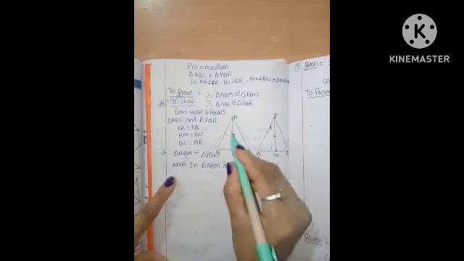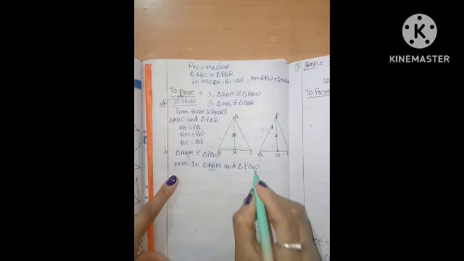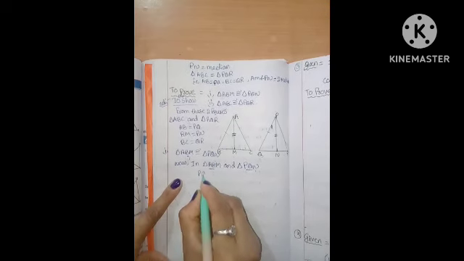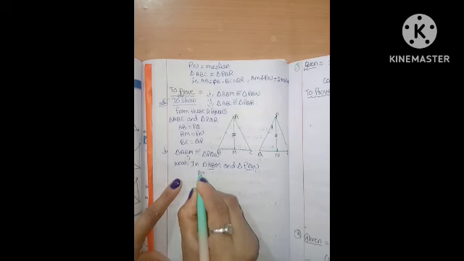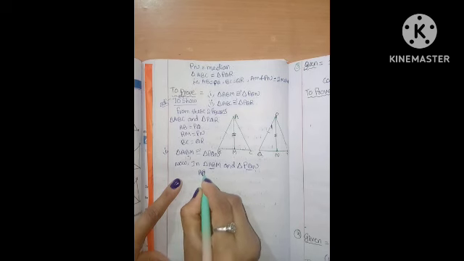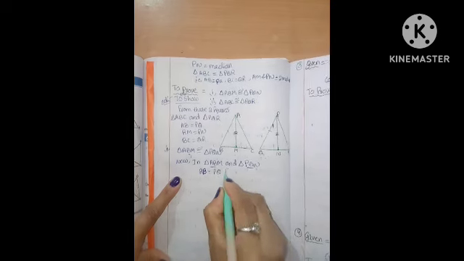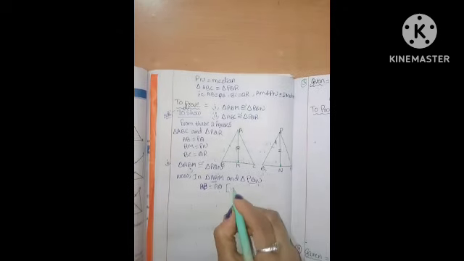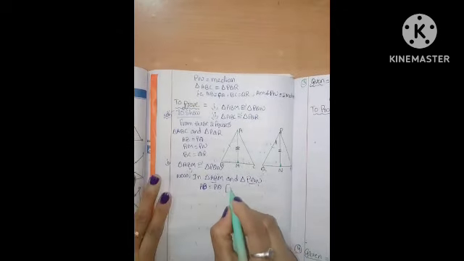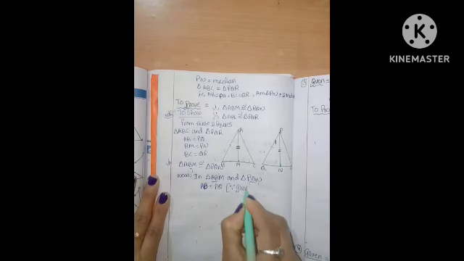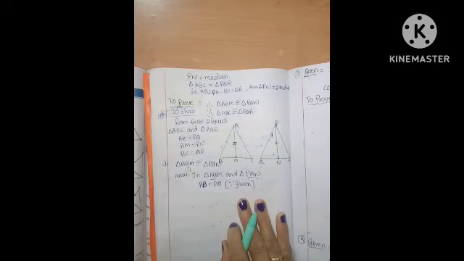In these two triangles, what is given? AB equal to PQ is given. AB is equal to PQ. This side, why is it equal? This is given only. Since it is given, these two sides are equal.